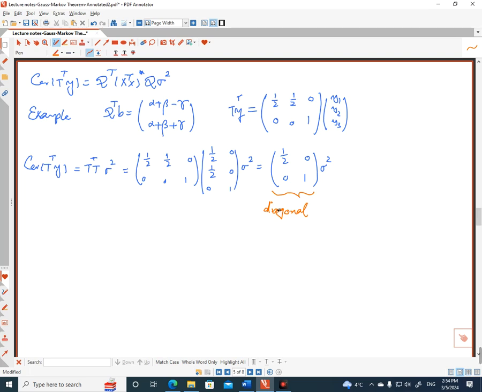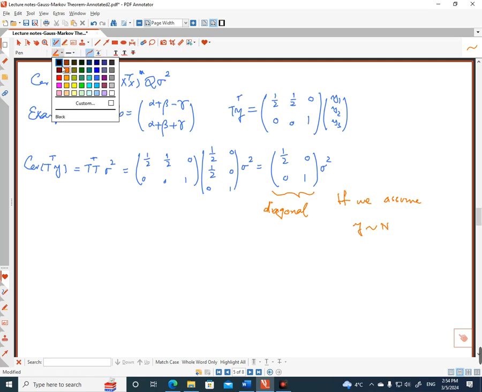But if we further assume Y has normal distribution, then we can say, okay, the two functions are also independent, and that's interesting.